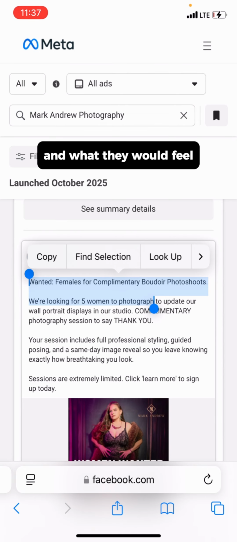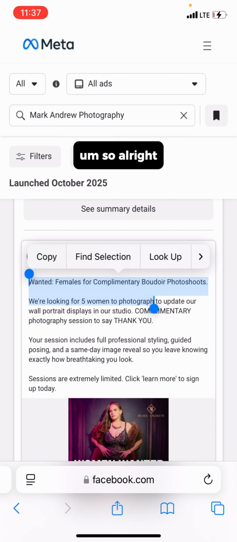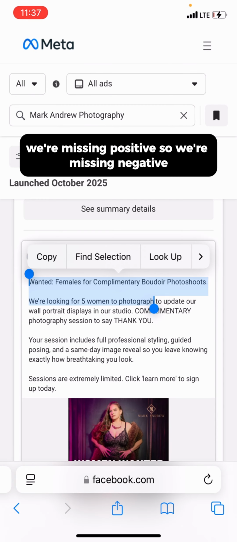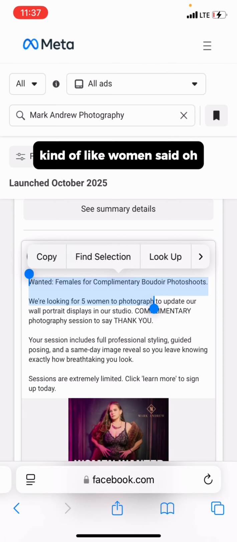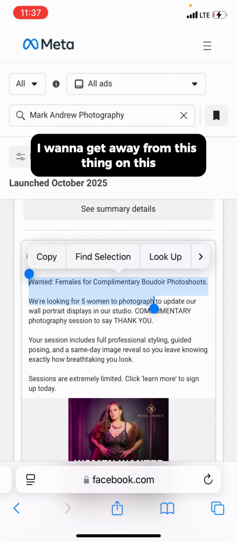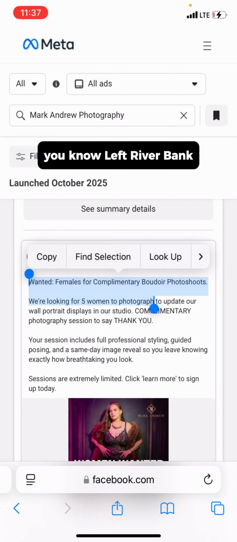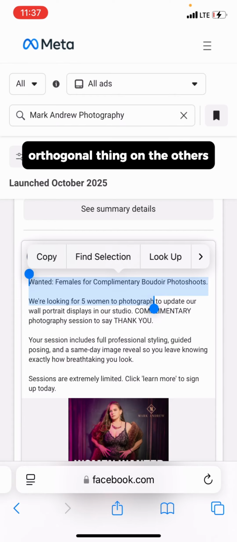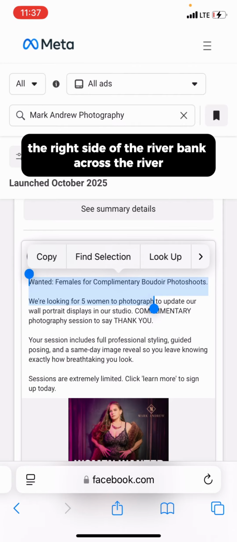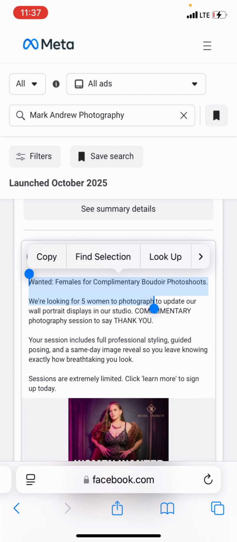What they would feel. So, all right, we're missing positives. So we're missing negative-positive tension here in the brain. Kind of like women saying, oh, I don't want this thing, I want to get away from this thing on this left riverbank. And I want to get this other different, orthogonal thing on the right side of the riverbank across the river. So we're missing that.